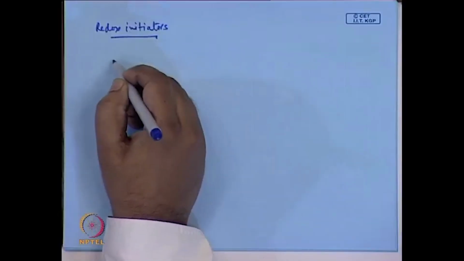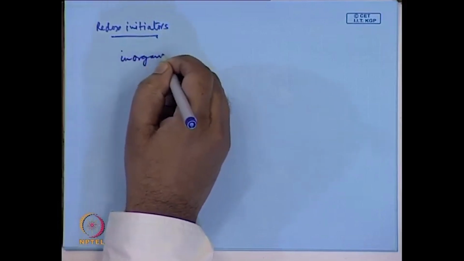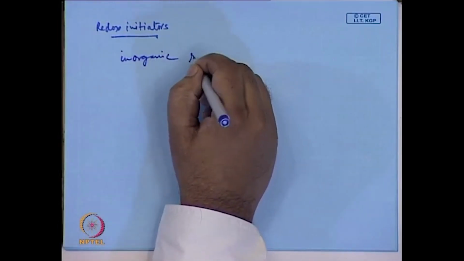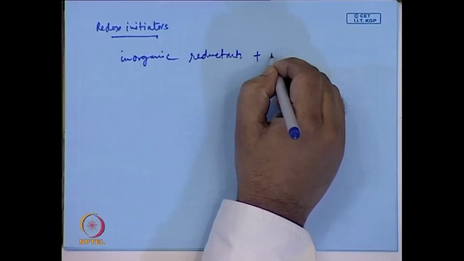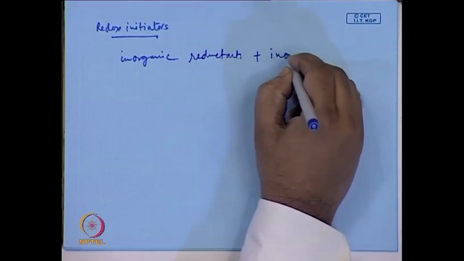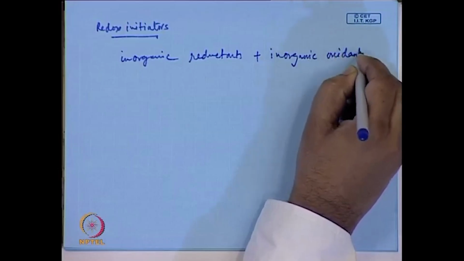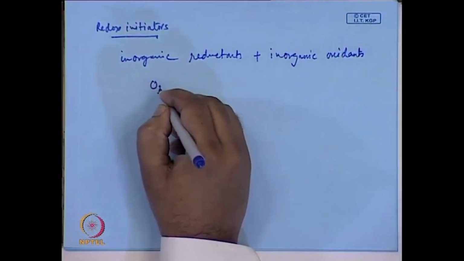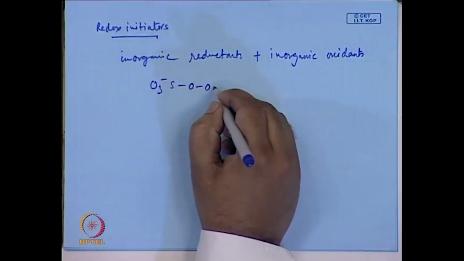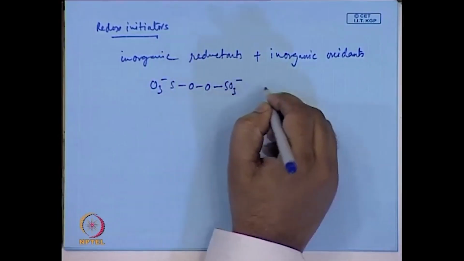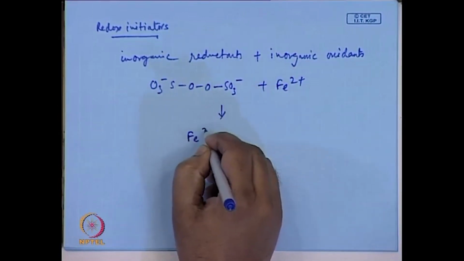The third type of initiator, redox initiator, could be inorganic reductants plus inorganic oxidants, which gives rise to radicals.